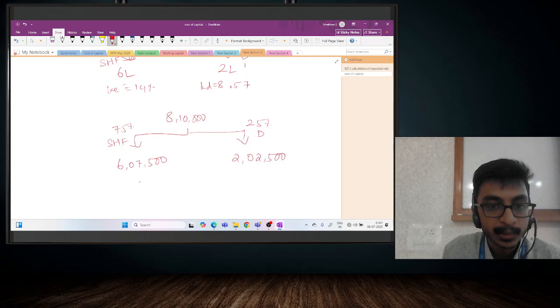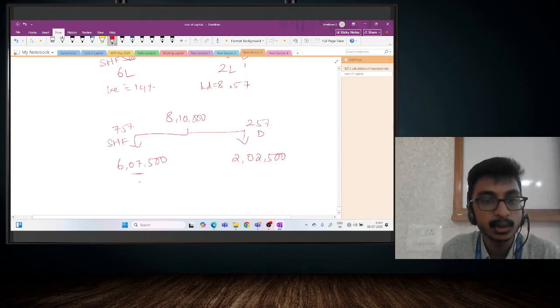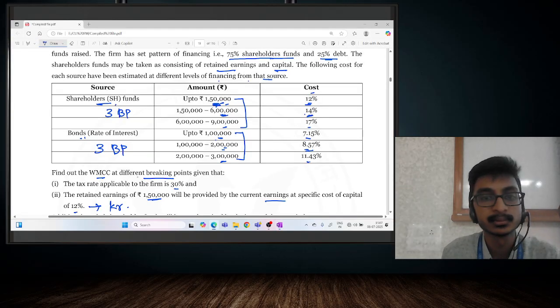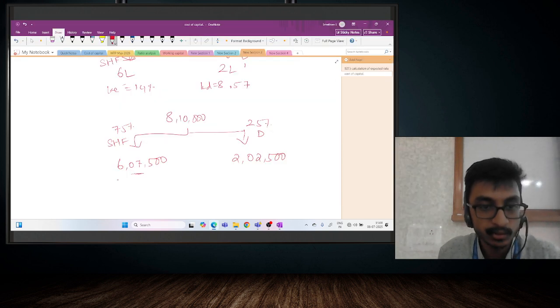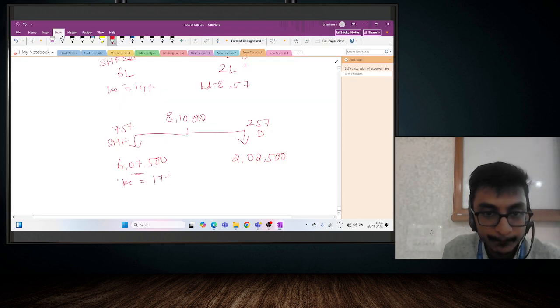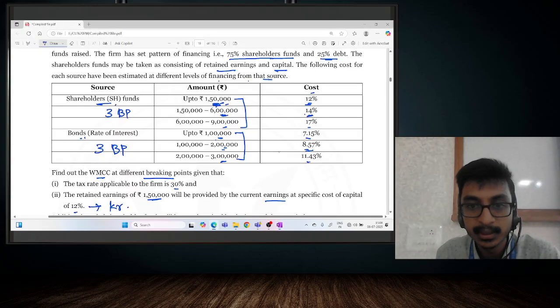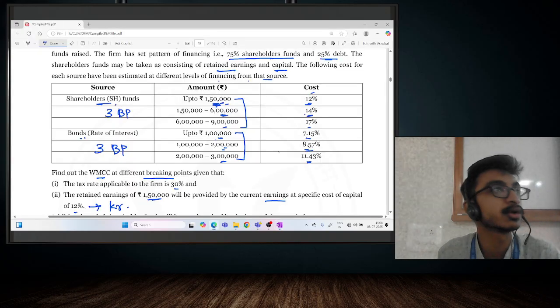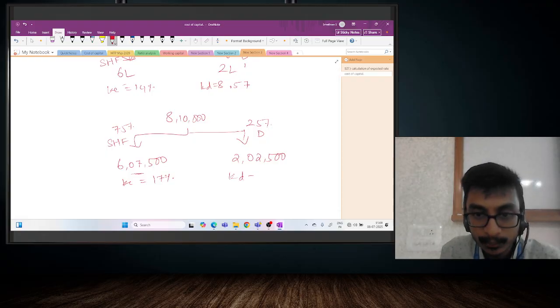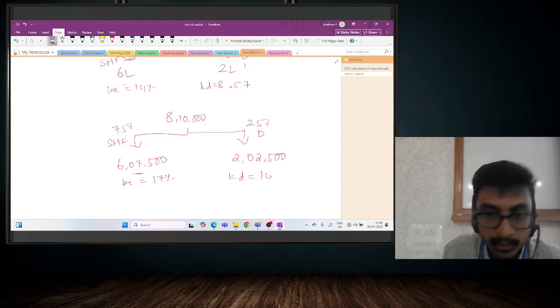Now here this 6 lakh 7,500 can be raised at the cost of 17%. So here KE is 17%. This 2 lakh 2,500 can be raised at a cost of 11.43%.